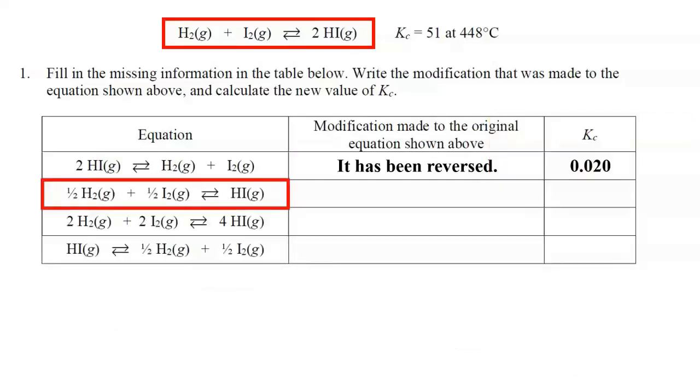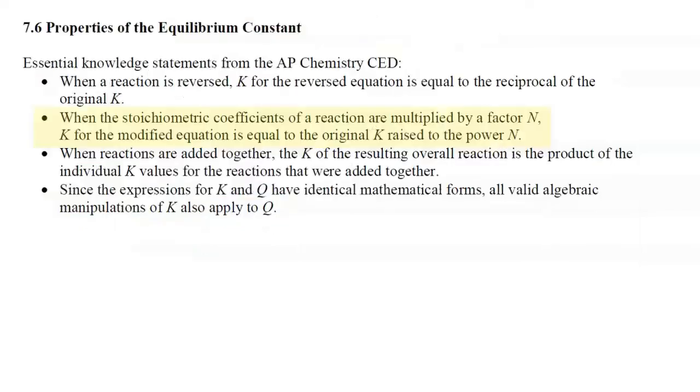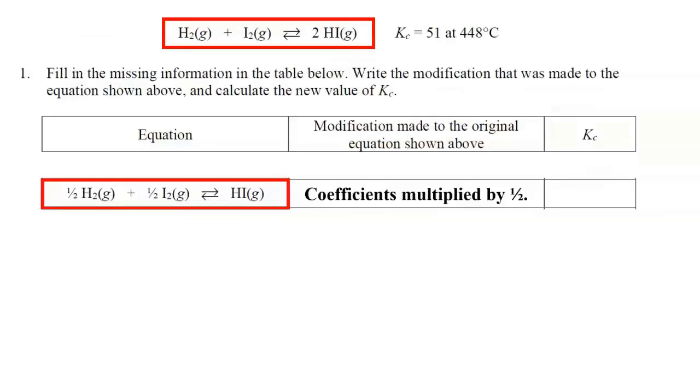Now, for our next equation, it's 1/2 H2 plus 1/2 I2 to produce HI. So the original equation, all of the coefficients have been multiplied by 1/2. That means that the K for the modified equation is equal to the original K raised to the power, in this case, 1/2.